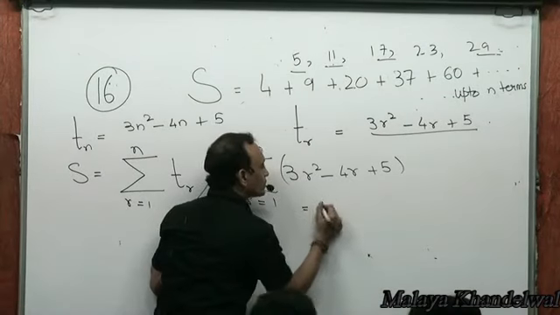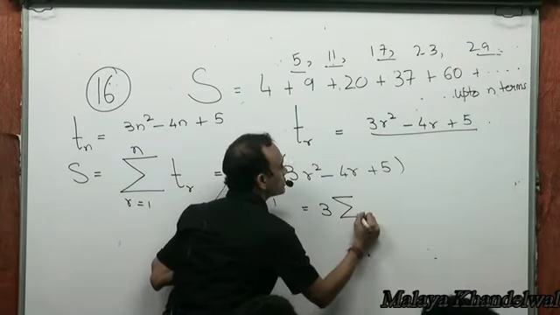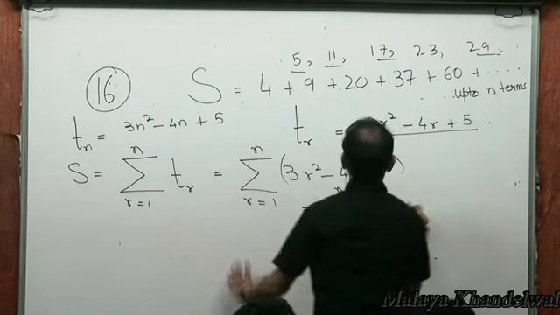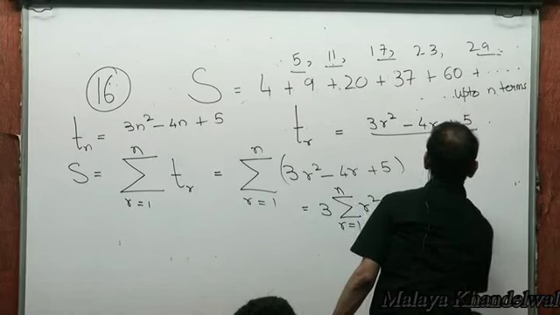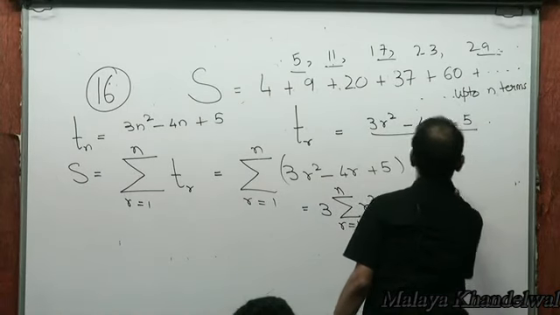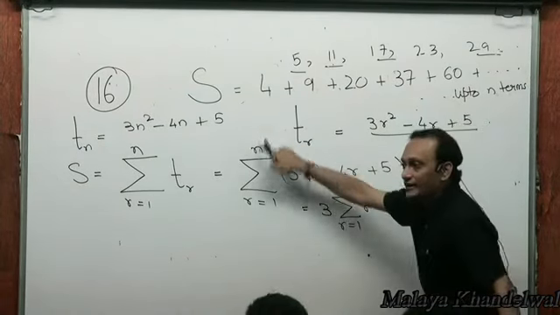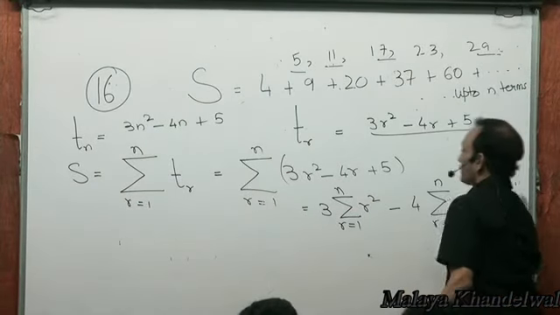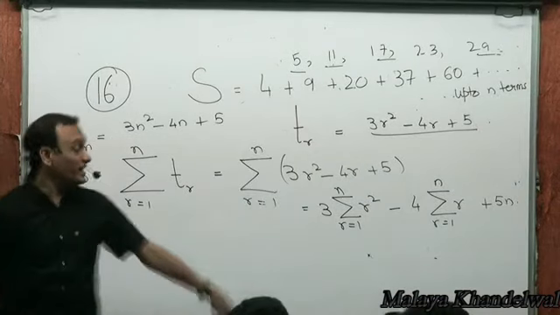By the property of summation, this is 3 times the summation of r squared, r equal to 1 to n, minus 4 times the summation of r, r equal to 1 to n, and 5 added n times, isn't it? 5n. What is the summation of r squared?